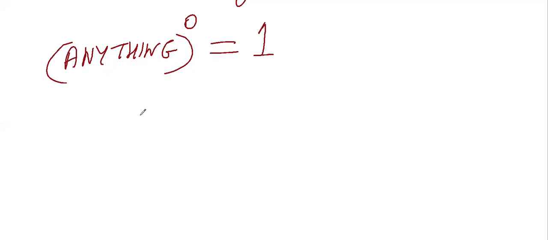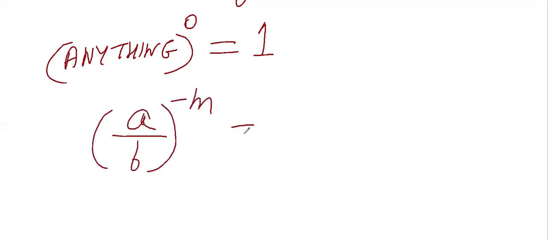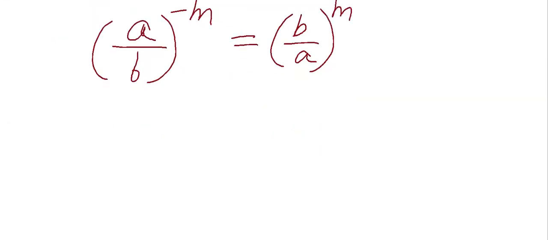Now we have one more exponential law: a by b whole to the power of minus m is equal to b by a whole to the power of m. What I did, I took the reciprocal of a by b to b by a and then removed the minus sign. This is also possible. This is another exponential law. Now one more exponential law which is most important.